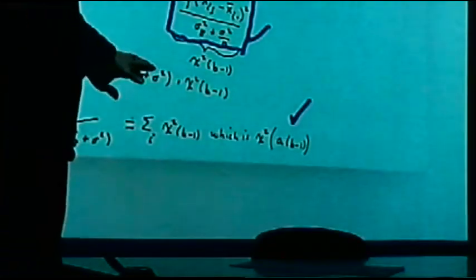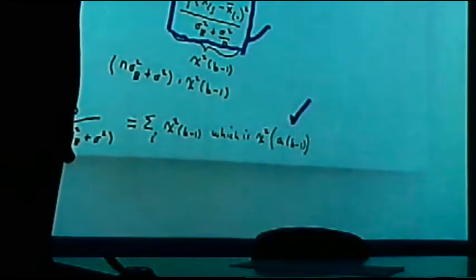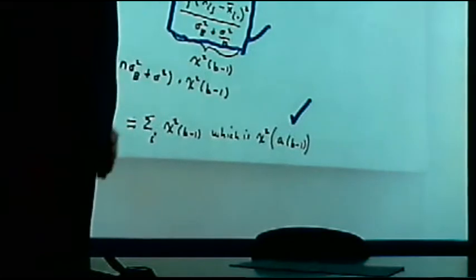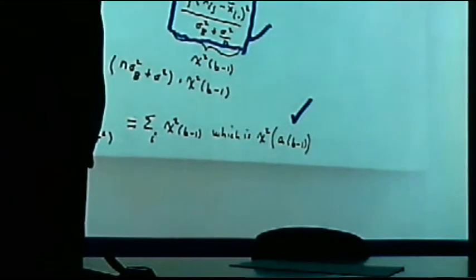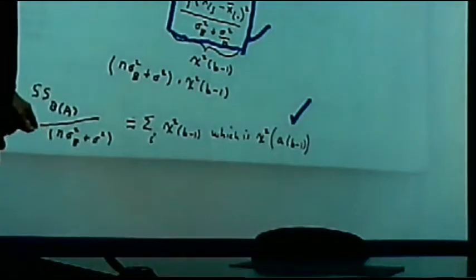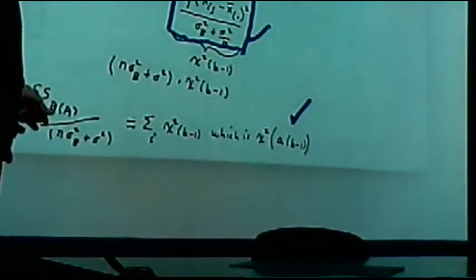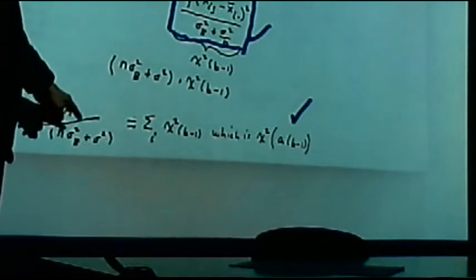You see how I had to slide this constant over to the other side, so that I was talking about just chi-square for everything alone. So sliding that over to the other side gives me this, so the constant in the denominator is n sigma squared b plus sigma squared. And we got the degrees of freedom.